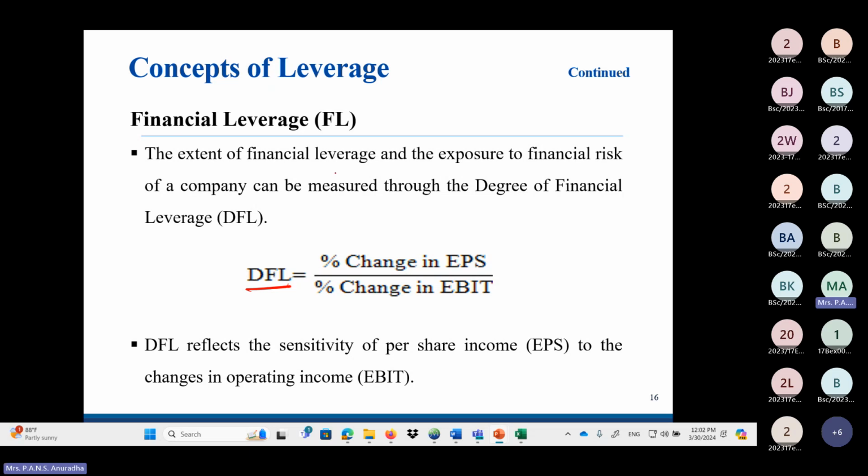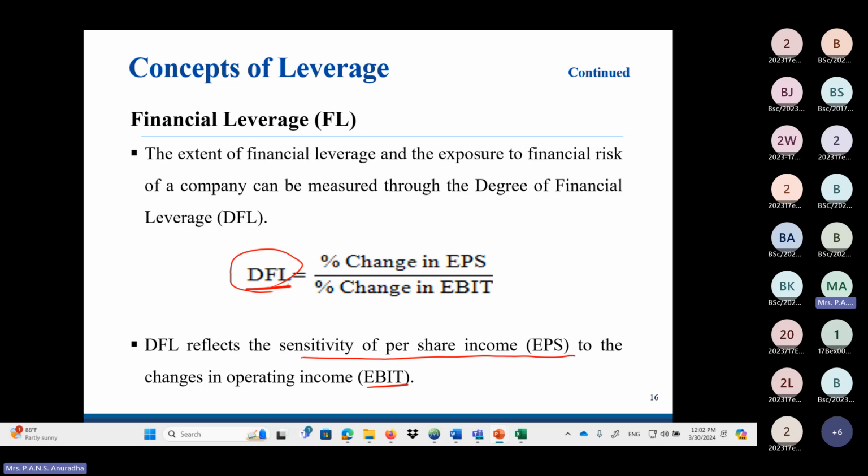This shows us the sensitivity of earning per share to the change in EBIT. When the EBIT is changing, how does it impact the earning per share?